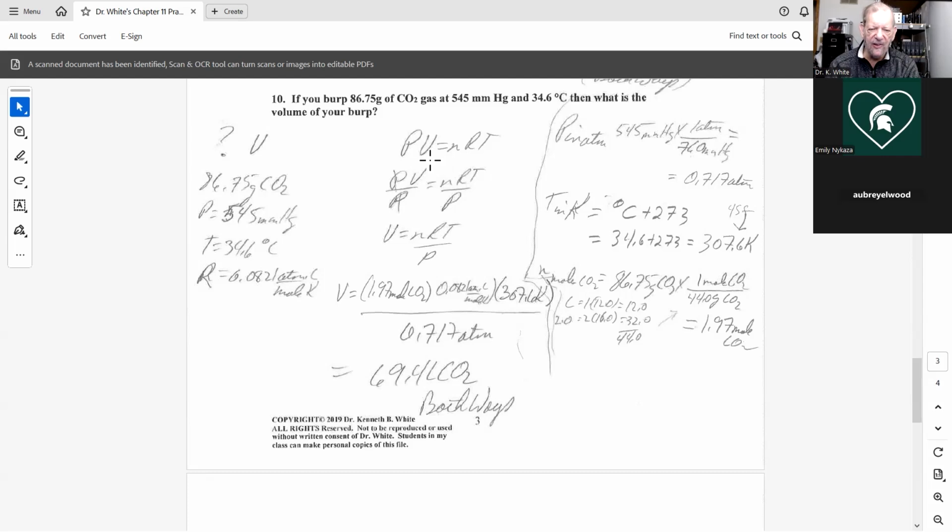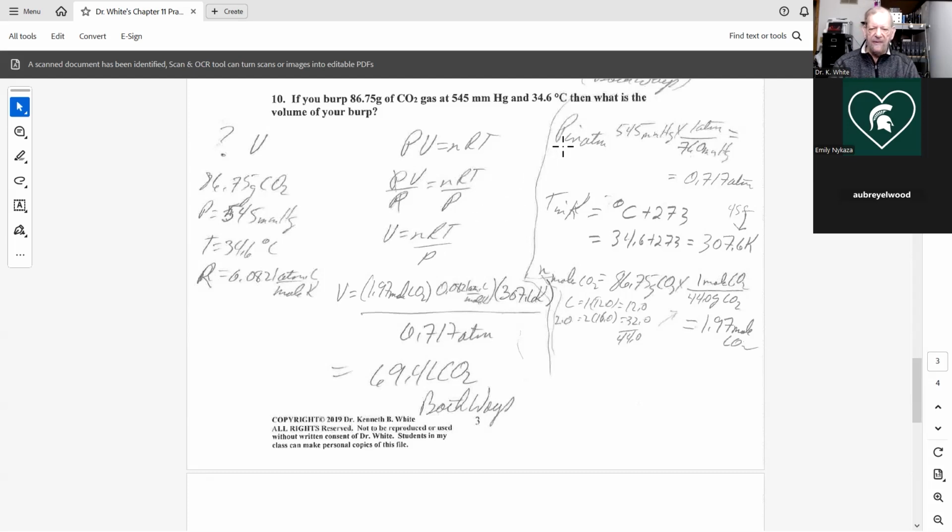I want volume, so to solve for it, I want it alone on one side. So how do I get rid of pressure? Anything divided by itself becomes the number 1. 1 times V is V. But whatever you do to one side, divide by pressure P, you have to do to the other. This cancels out. I'm left with V equals nRT over P.